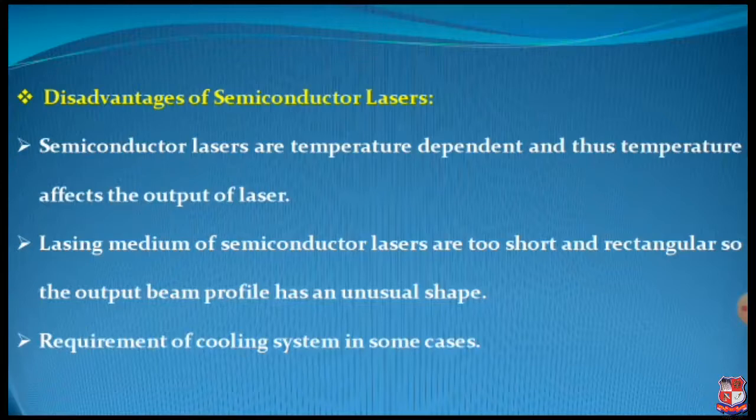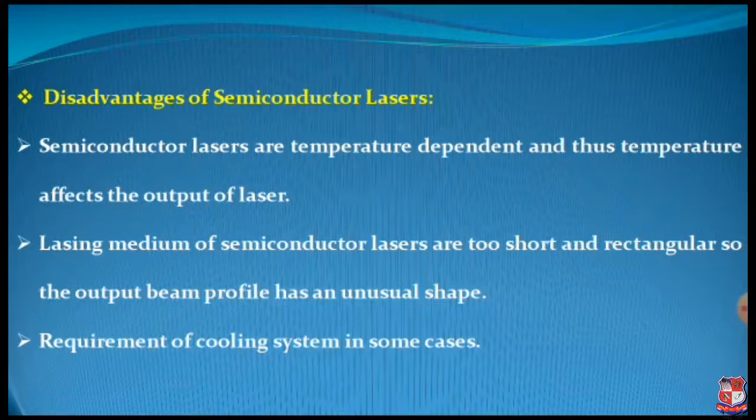The second disadvantage is that the lasing medium of semiconductor lasers is too short and rectangular, so the output beam profile has an unusual shape. The normal laser light which you have used in your childhood has a very circular output shape, or you can say a dot, but when you use a semiconductor laser you may have some unusual shape.